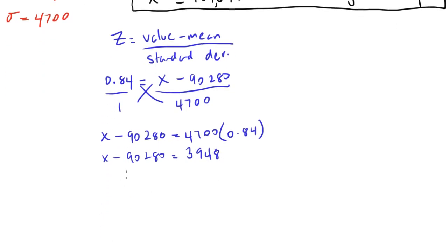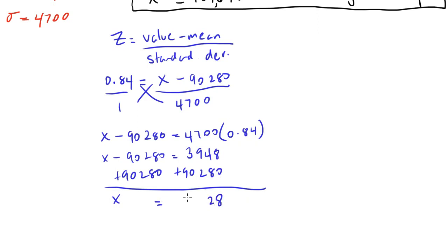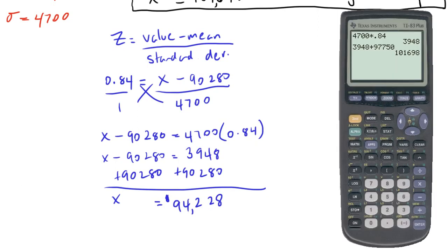What I do have to do, though, is add 90,280. Lined it up a little bit better this time, so hopefully it'll be easier to add. $94,228. I can double check, make sure I'm right. 3,948 plus 90,280.